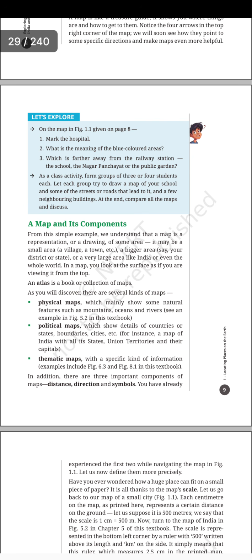Political maps show the details of countries, states, boundaries, cities, etc. For instance, a map of India with all its states, union territories, and the capitals. The boundaries will be of states and countries, like Pakistan and Afghanistan, drawn like that. That's how a political map is.